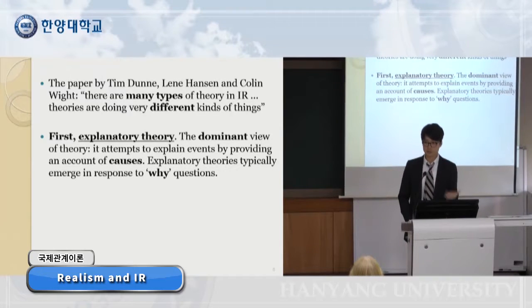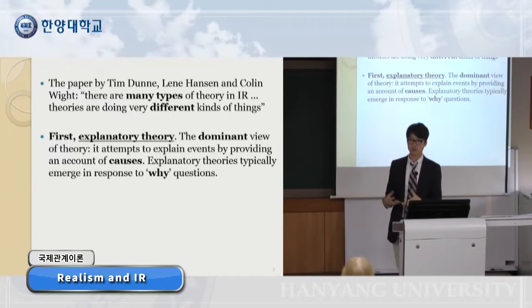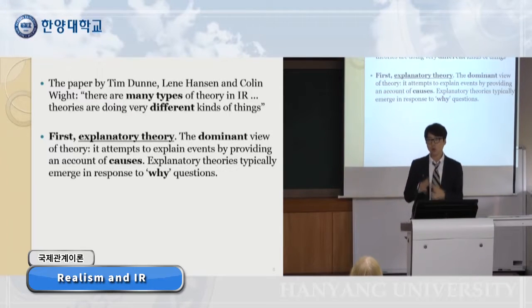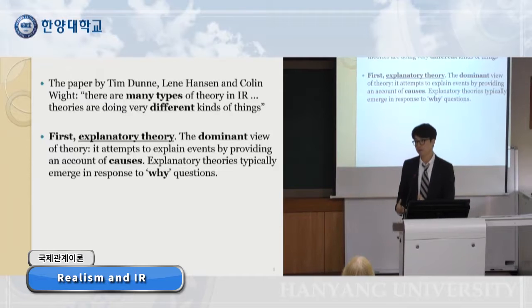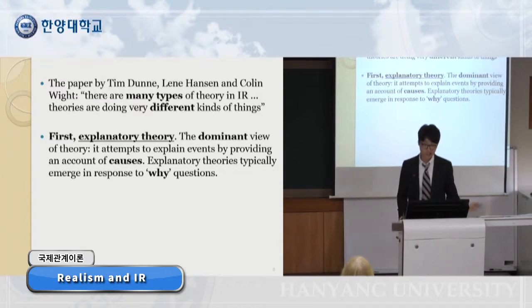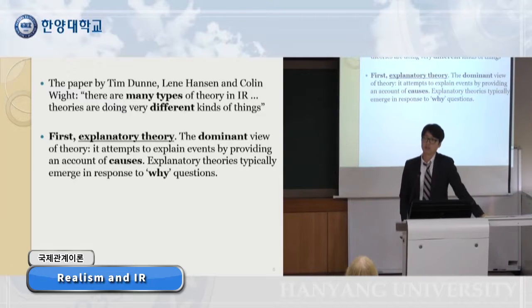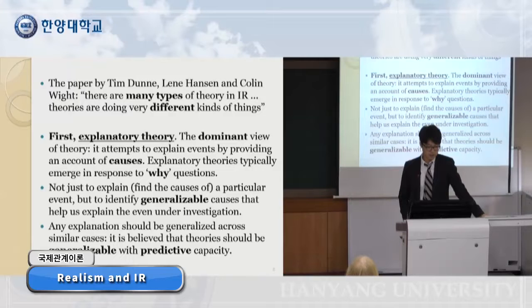For example, we have explanatory theory, which is concerned with the why question, or identifying the causes of state behavior or international political phenomena. They are interested in generalization and prediction. So explanatory theories believe that theory should be generalizable with predictive capacity.